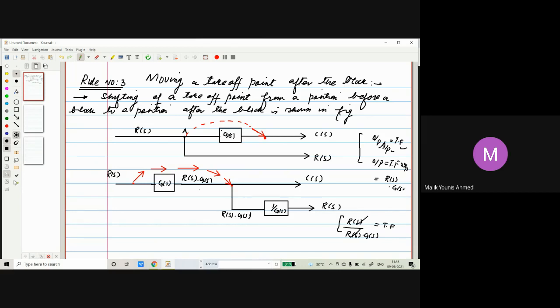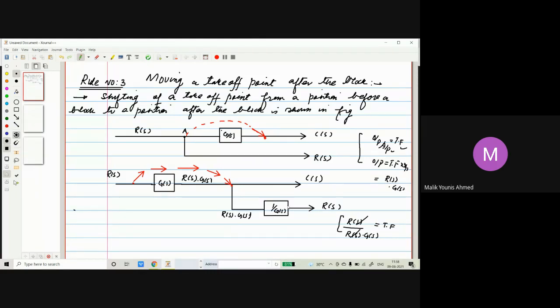So this is the way when you have to move a takeoff point from a position before a block to a position after the block, then this manipulation has to be done. That means while we transfer it, you have to keep a transfer function in that branch, whose value will be 1/G(s).